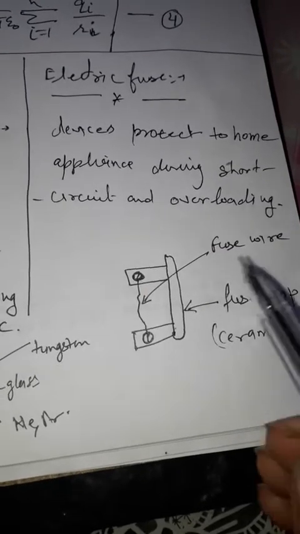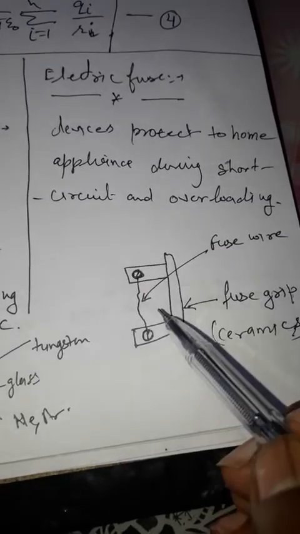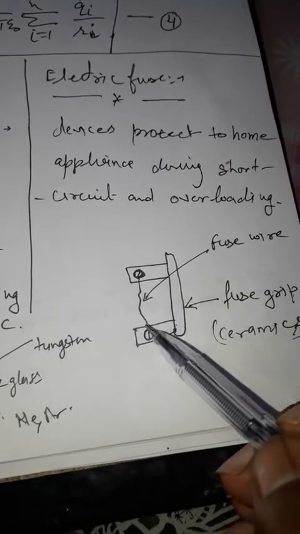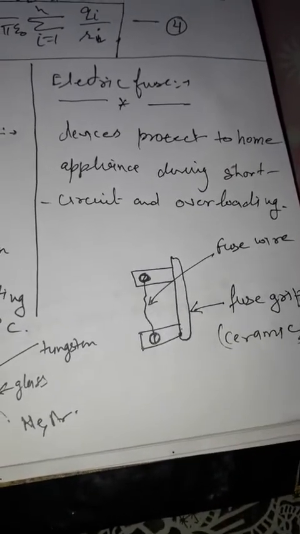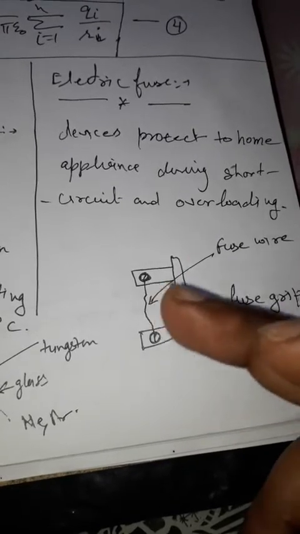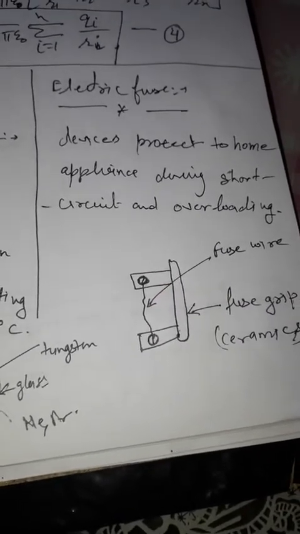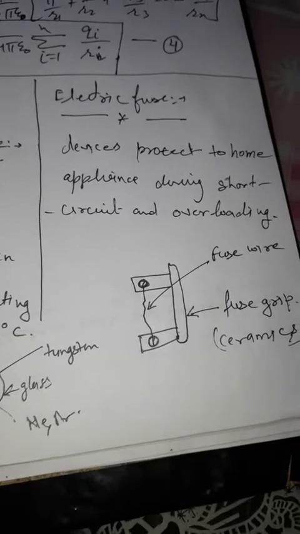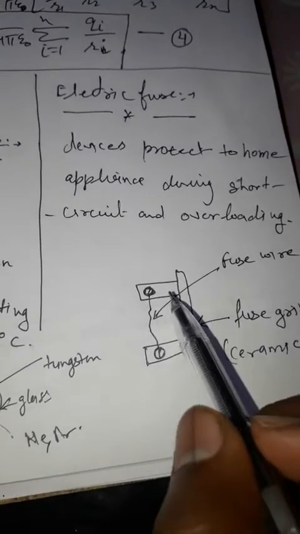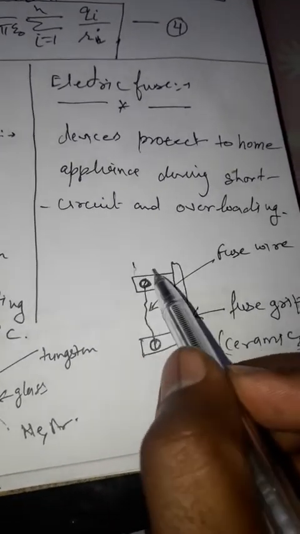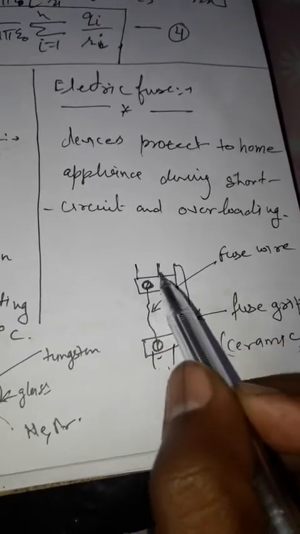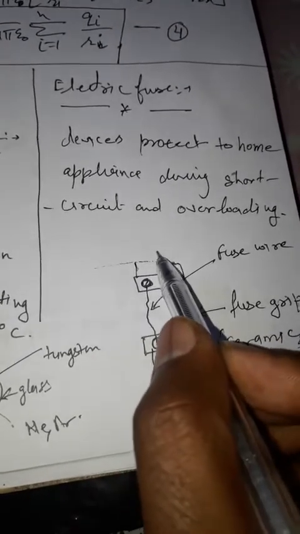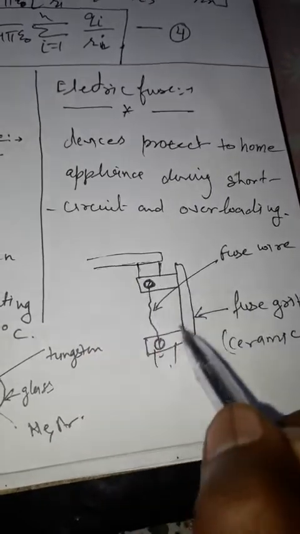When the fuse grip is connected in the circuit, current flows through the circuit. When the fuse grip is taken out of the circuit, the circuit breaks because of the discontinuity, and hence electricity does not work. So this can be inserted in our home circuitry as shown.